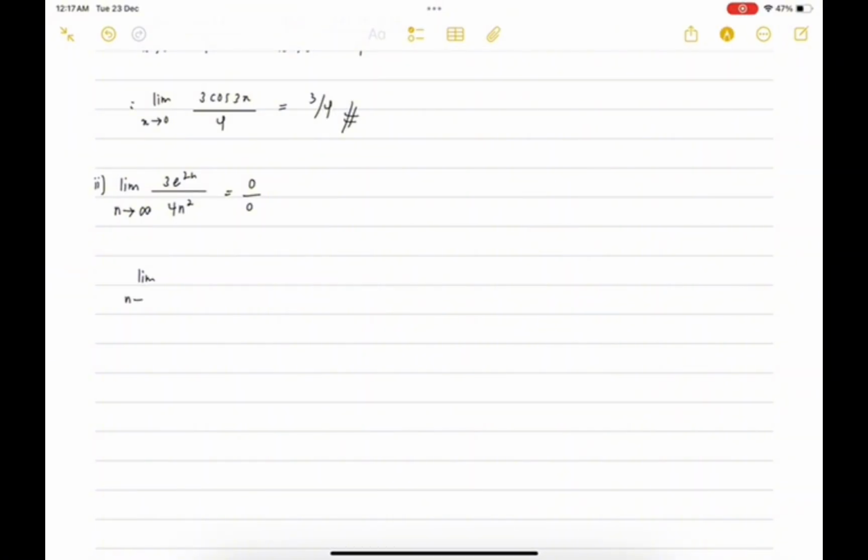So we just differentiate: 3 e to the power of 2n in the numerator and 4n to the power of 2 in the denominator. We differentiate as usual, and we get e to the power of 2n in the numerator and 8n in the denominator. So we just substitute infinity into the equation, and we get infinity. That's the final answer. Thank you.